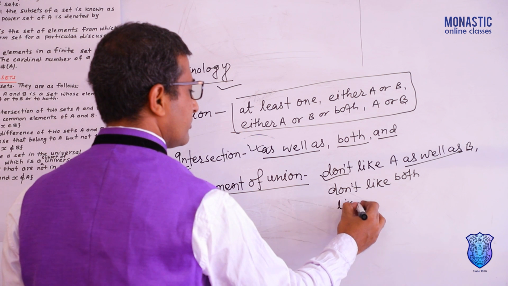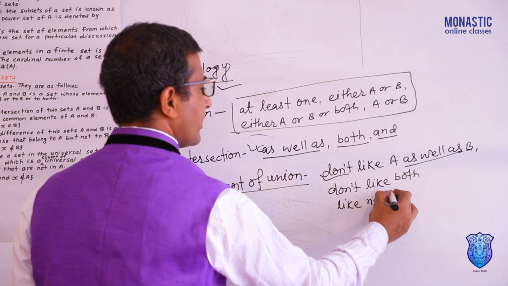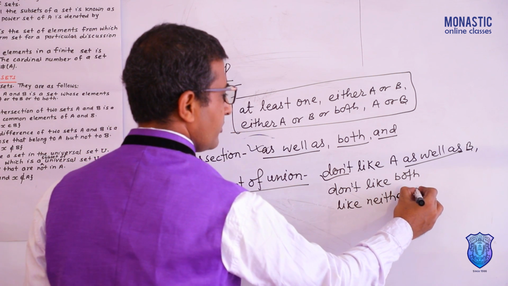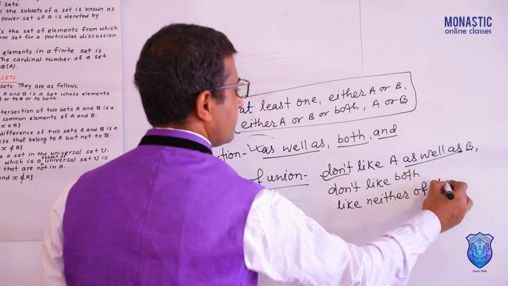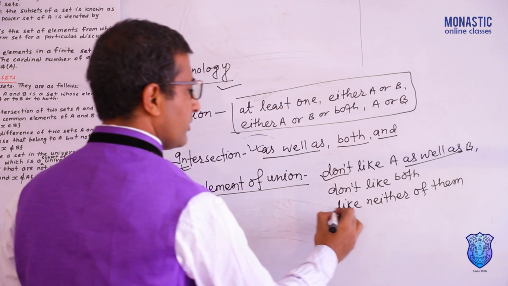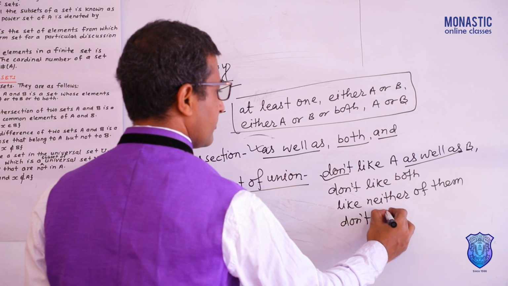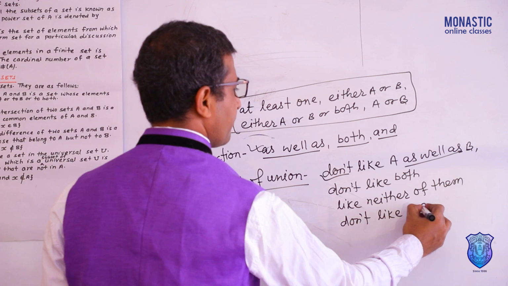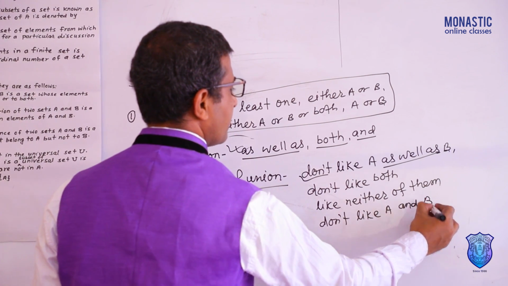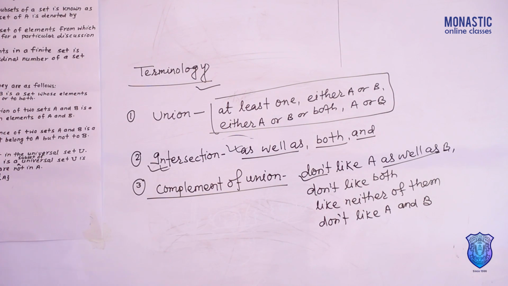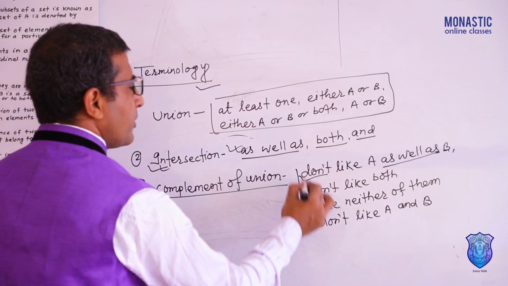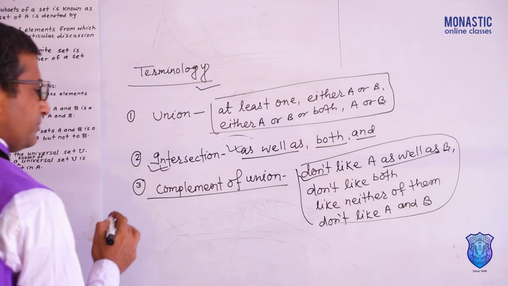Like neither of them. Don't like A and B. All these mean the complement of union.